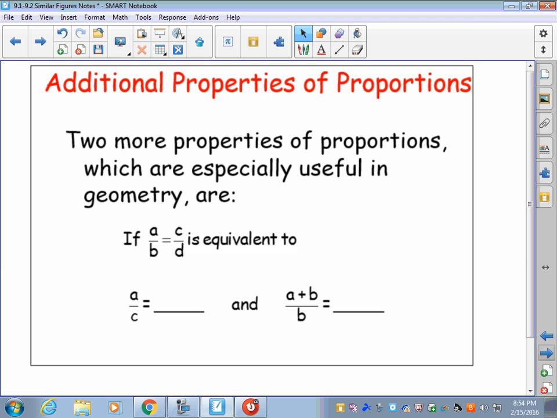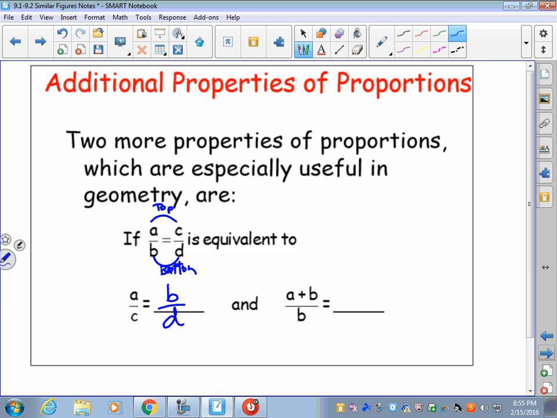So here I have A over C, comparing the top parts to the bottom. A over C is going to be the same as B over D. I'm hoping you see that. Now, if I add something to a proportion, remember I said you've got to keep the pattern the same.